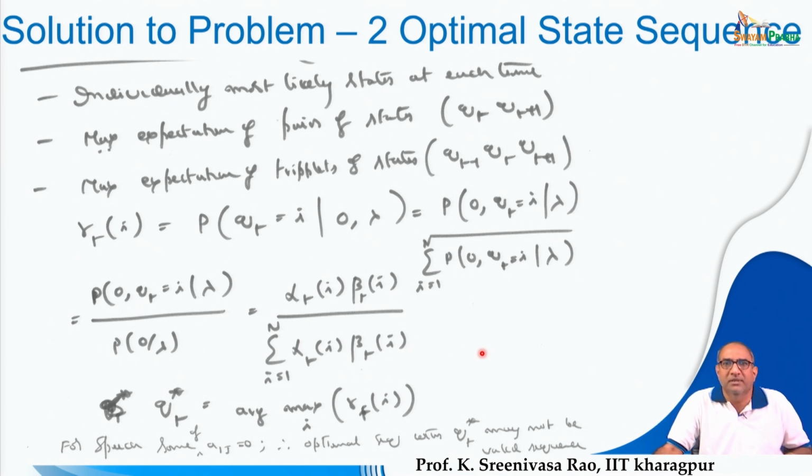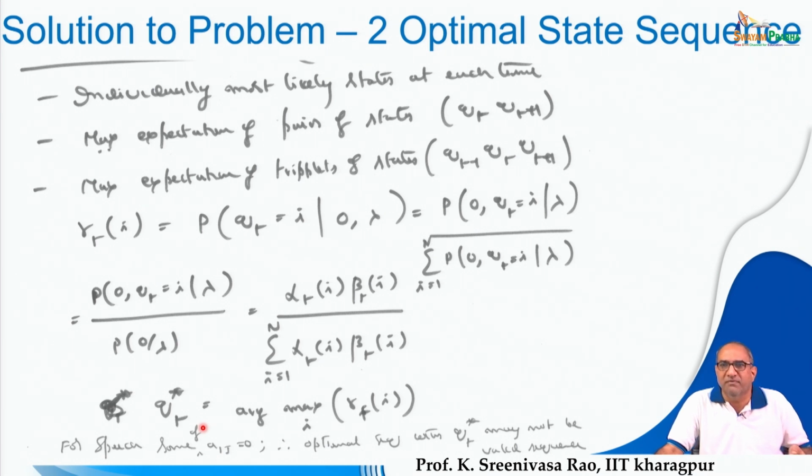But when you compute this maximum likely state, we are considering all possible states, whereas in the context of speech production, all transition probabilities may not exist. Only some legal sequences of states are permissible. Therefore, if you look at the state transition matrix for speech production, the entire n cross n matrix is not non-zero.